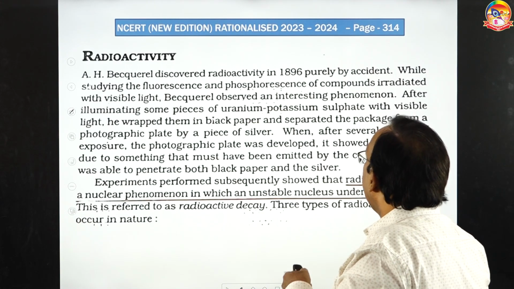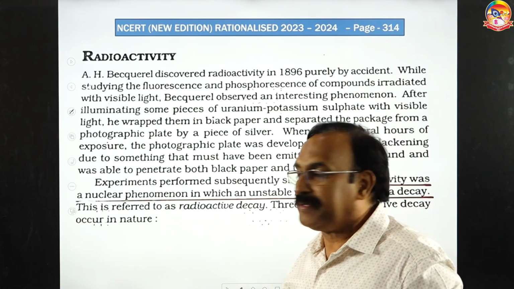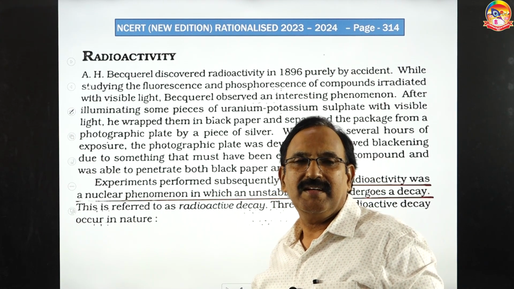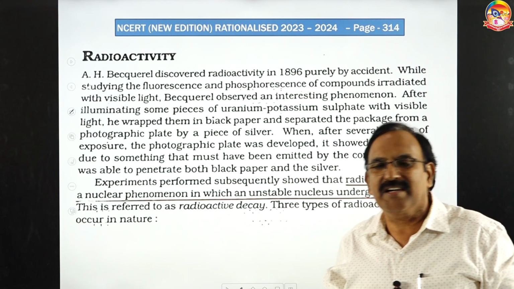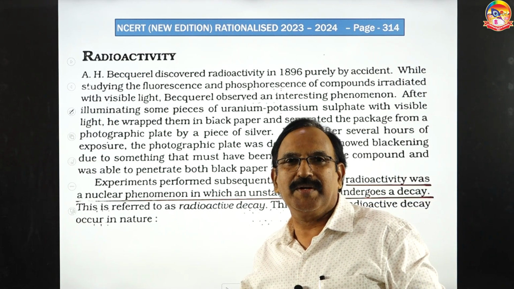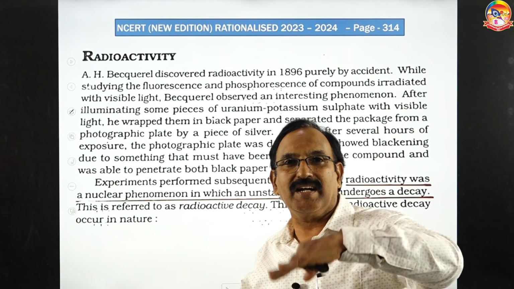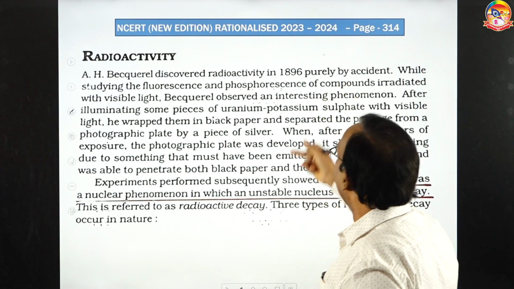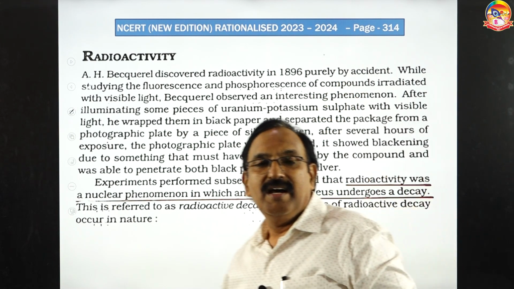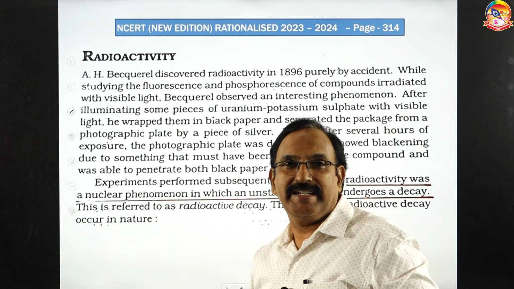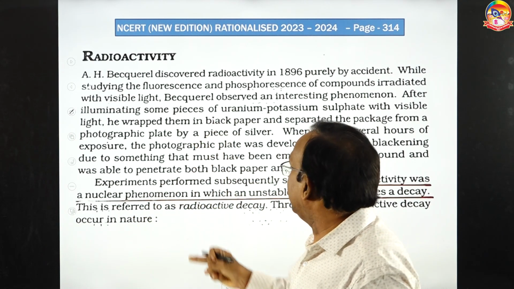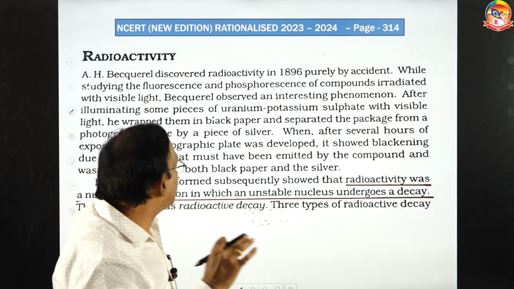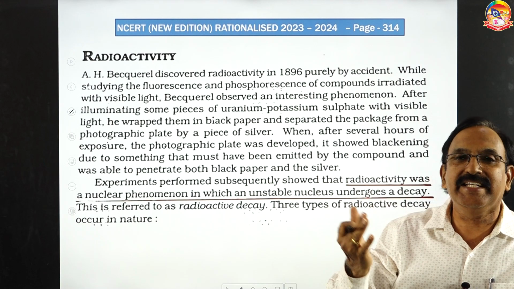Okay, now going to the other possibility. Some students thought in a different way, and can we find fault in that? Maybe not. We cannot find fault with either thought process. What they thought was this: there is a page in the NCERT textbook under the heading of radioactivity, of course a deleted topic for NEET, but in the book you find that radioactivity is a nuclear phenomenon in which an unstable nucleus undergoes decay and disintegration.